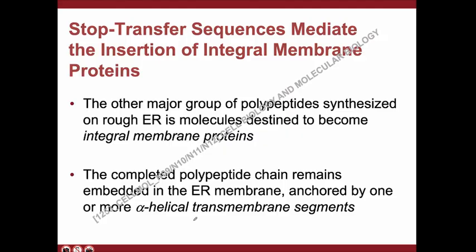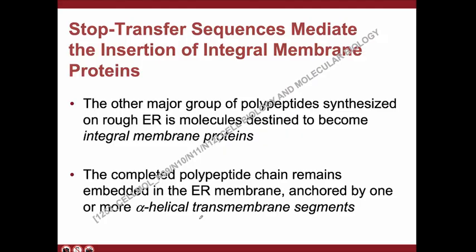Remember? What do we mean by integral membrane proteins? They are integral because they are anchored to your lipid bilayer by one or more alpha helical transmembrane segments. Okay? And there are two main mechanisms by which hydrophobic transmembrane segments anchor these newly formed polypeptide chains to the lipid bilayer of your ER membrane.